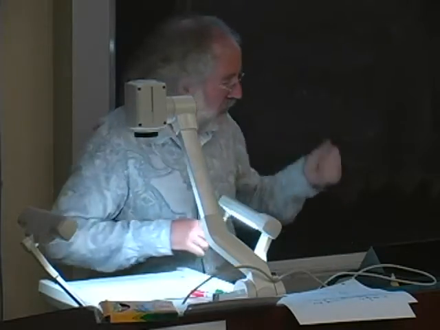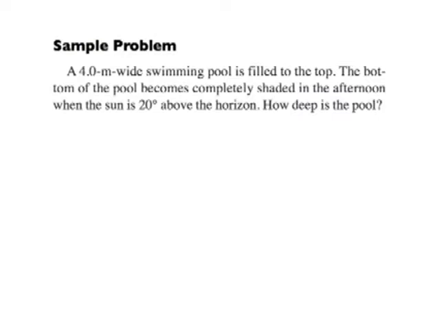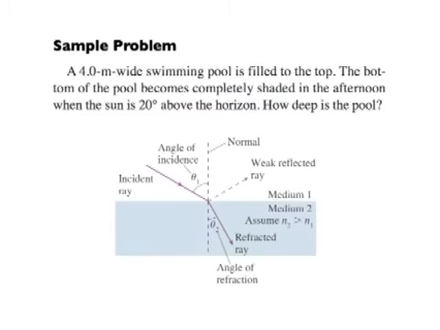Now here's the thing. The trick of these kinds of problems is to take these words and turn them into a picture that looks like that, okay? And here's how we do it.